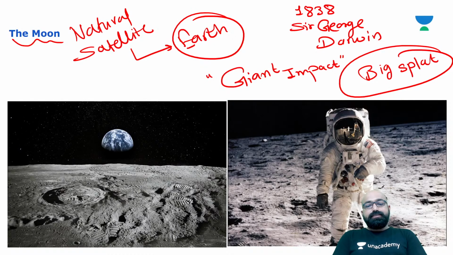So it blasted a large part of the Earth into space. This portion of blasted material then continued to orbit the Earth and eventually formed into the present Moon about 4.44 billion years ago. So this is the formation of the Moon.